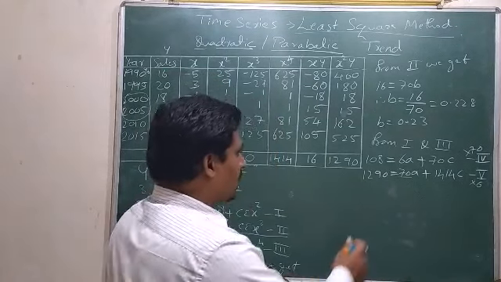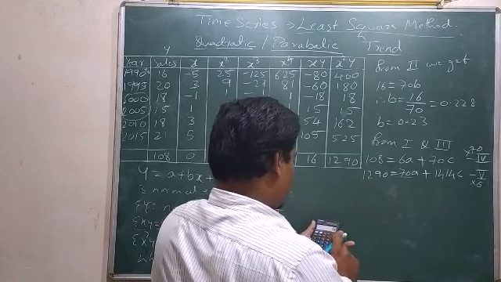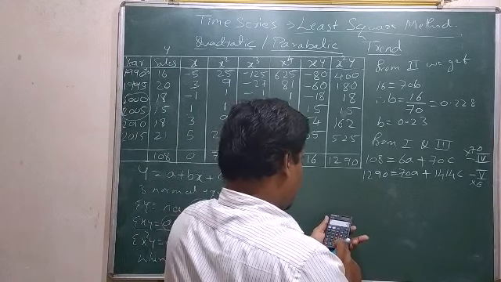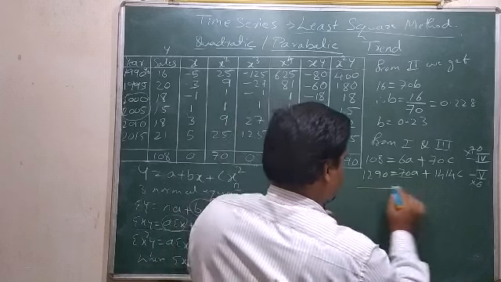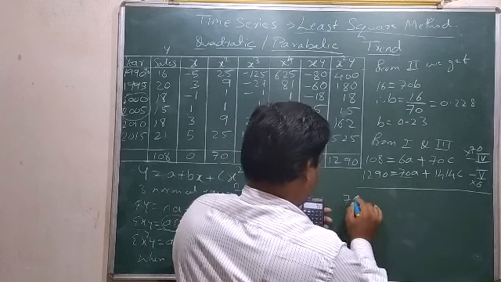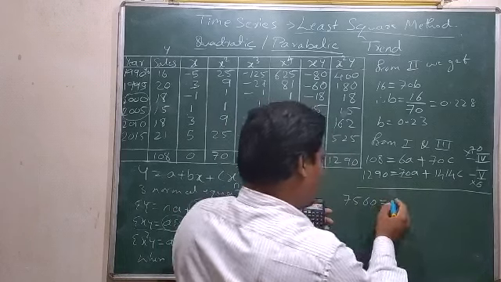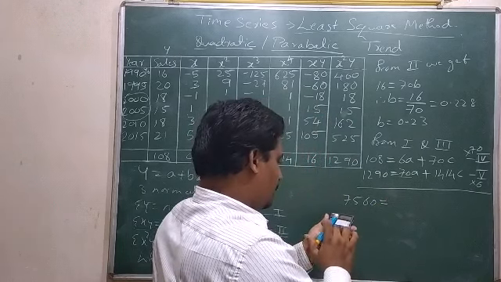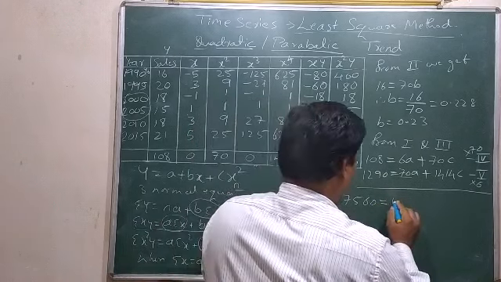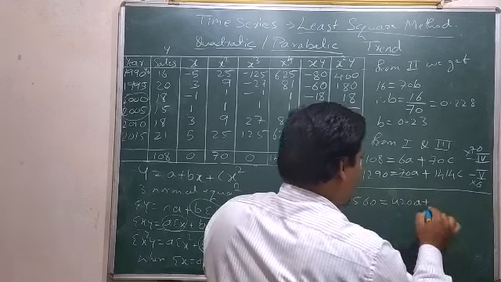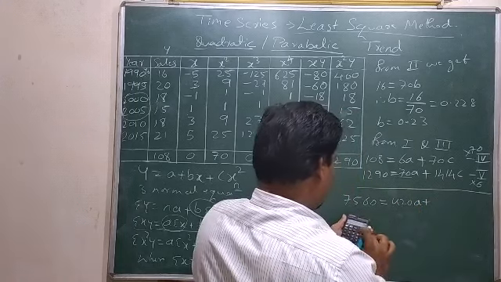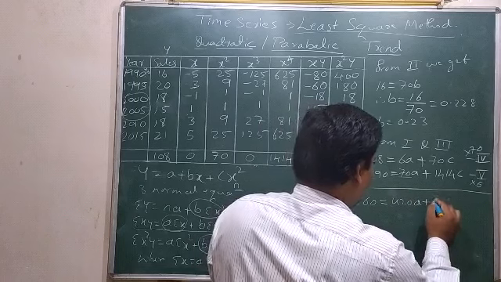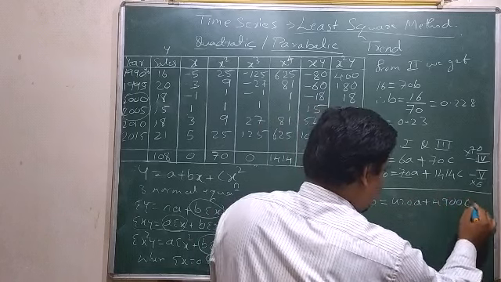So first 108 into 70, we get 7560 is equal to 6 into 70 is 420a plus 70 into 70, 4900c.